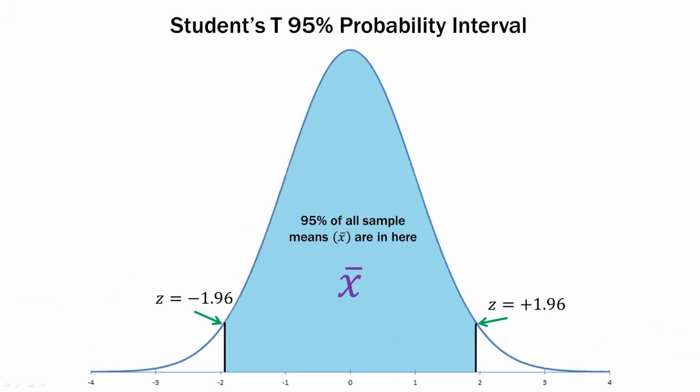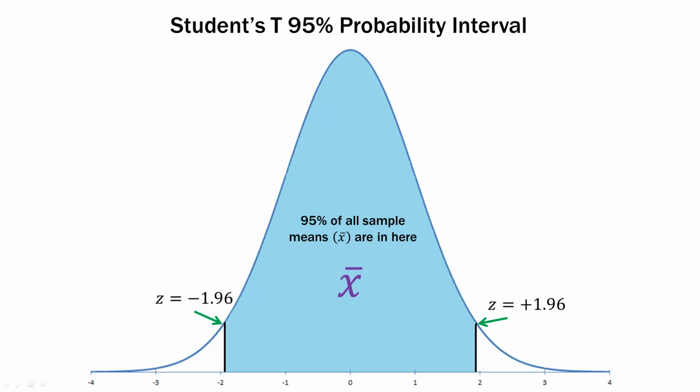So what's actually going on here? Now, in this state of the slide, I have labeled the boundaries of the 95% region using a standard normal curve. Now, in the previous video, we talked about these boundaries for certain percentages that we use commonly. 95% is the most common.